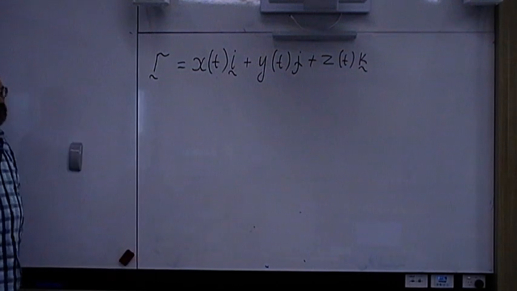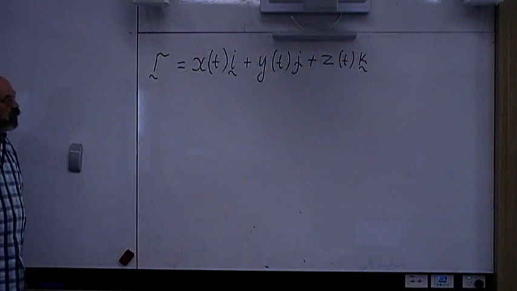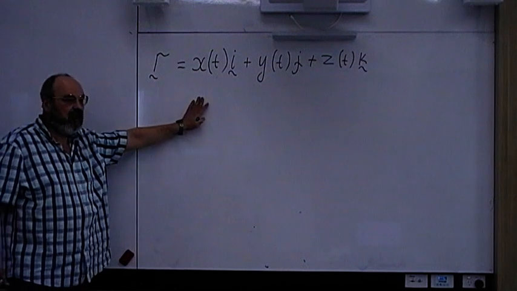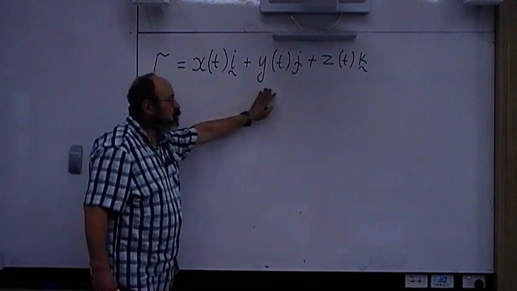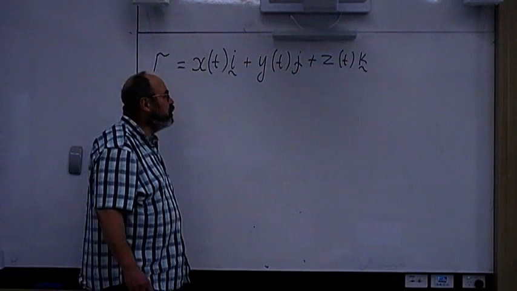So that is position vector. We describe position of the particle or object at any given time if you know the function describing change in each dimension.